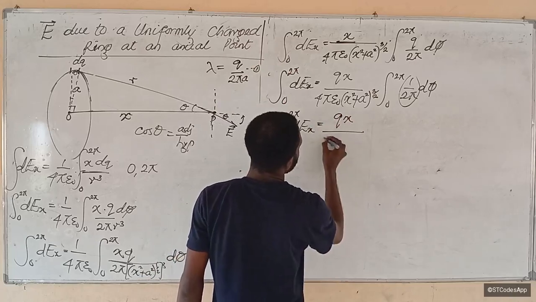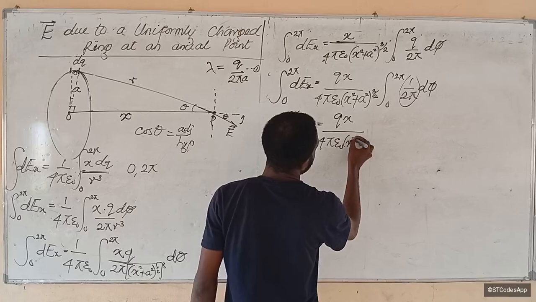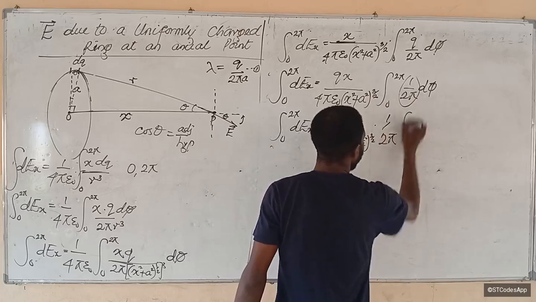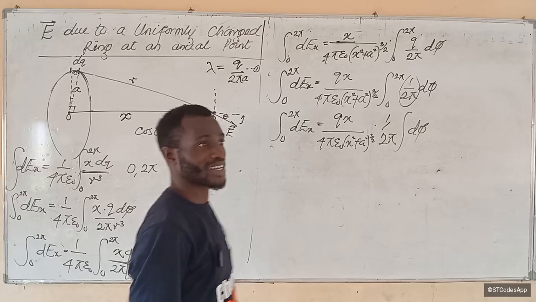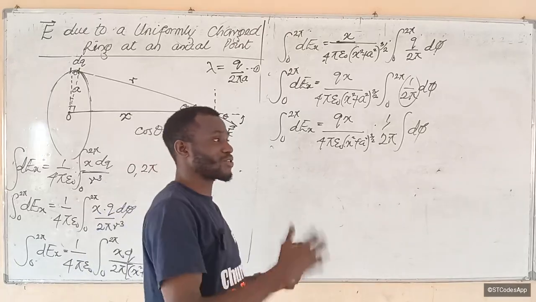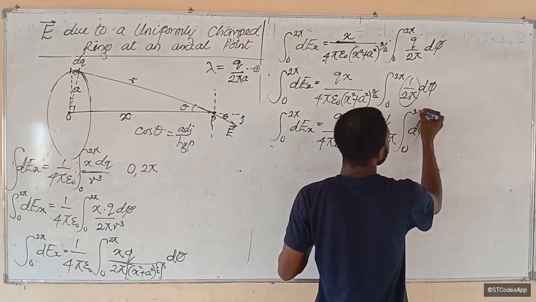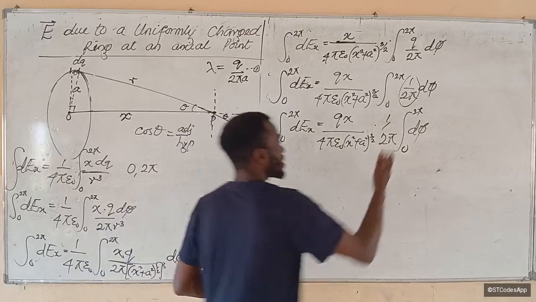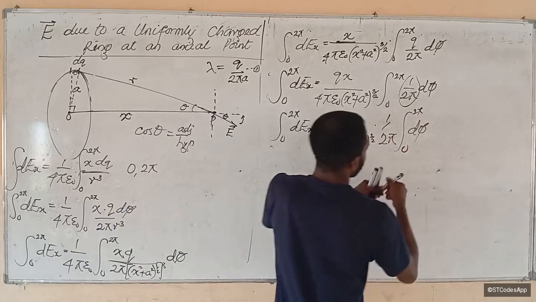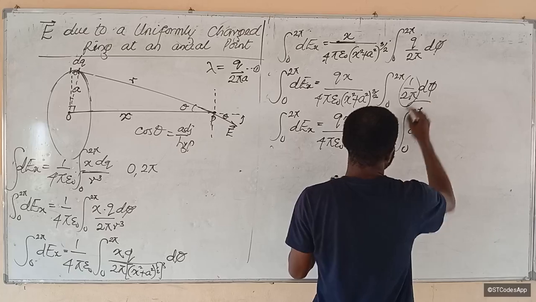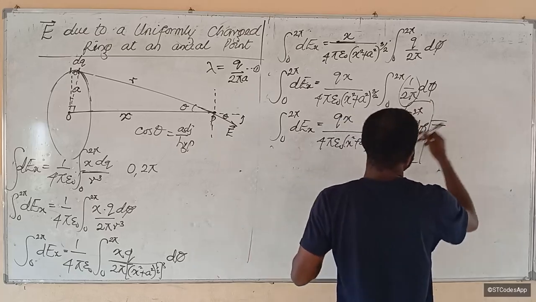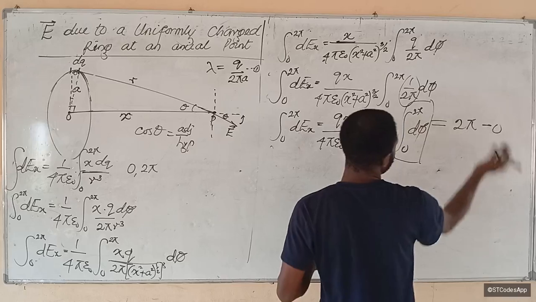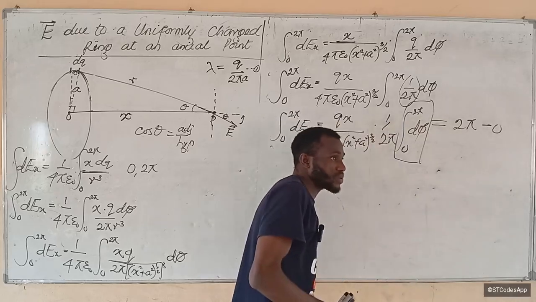E_x equals Qx over 4 pi epsilon naught, x squared plus a squared to the 3 over 2. Now let's bring this here, that's 1 over 2 pi integral of d phi. I wanted to be sure which one I'm bringing and which one I'm not bringing, because we are integrating angles. Is that clear? This is an angle here, so this constant is unaffected. So the integral of d phi between 0 and 2 pi is going to be 2 pi minus 0. Does that make sense? So we're left with 2 pi.